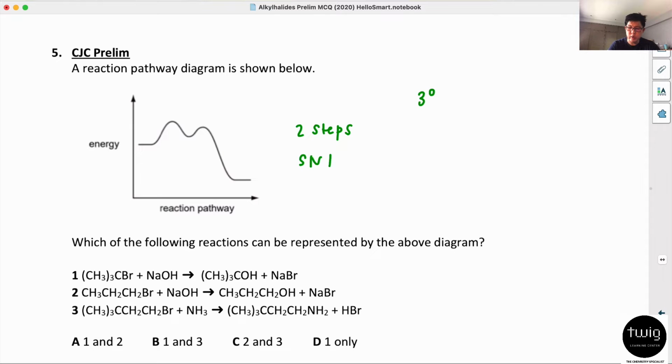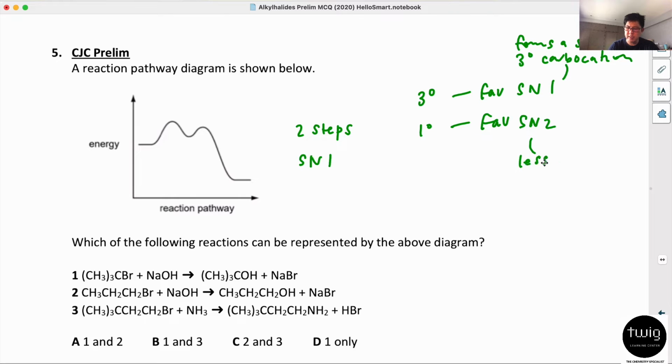Normally tertiary halogenoalkane favors SN1 because it forms a stable tertiary carbocation, and primary favors SN2 because there's less steric hindrance.